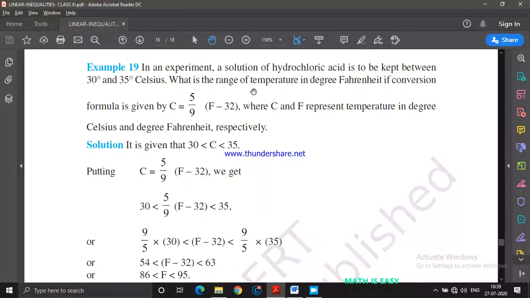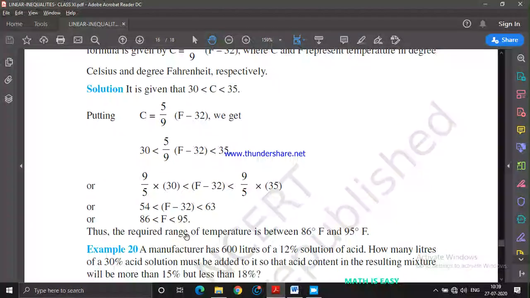But what is the formula for C we have? 5 upon 9 into F minus 32. So if I replace the C value in this inequality, 30 is less than C is less than 35. In place of C, I put 5 upon 9 into F minus 32.